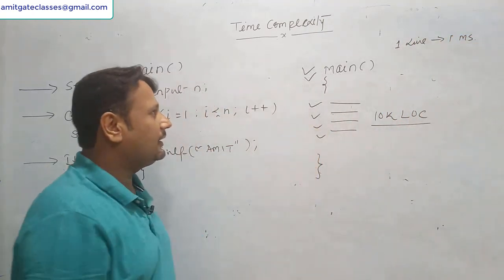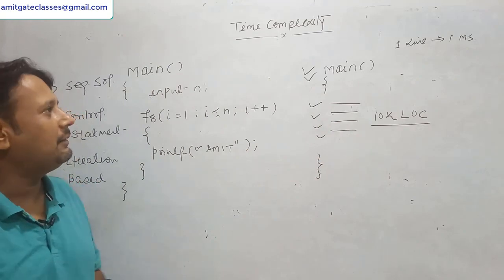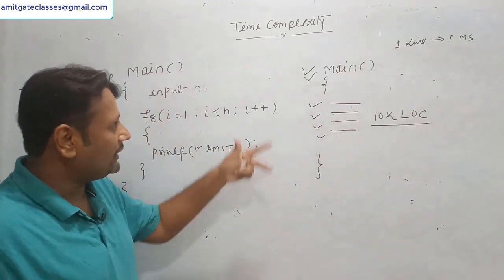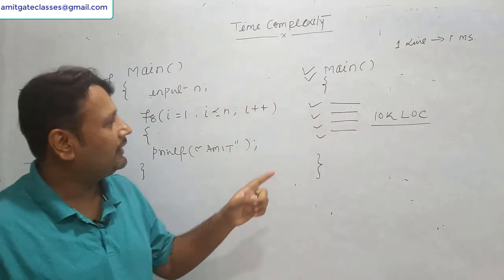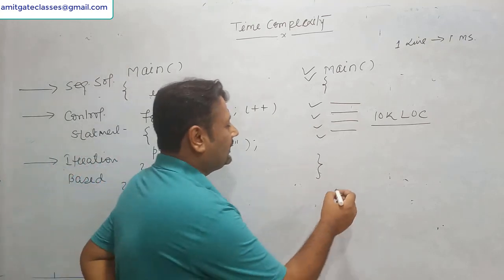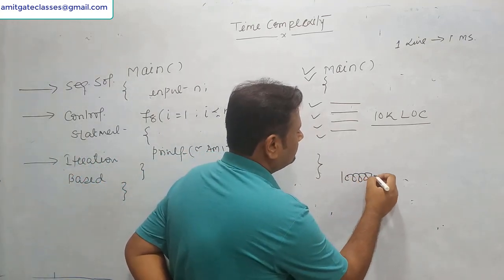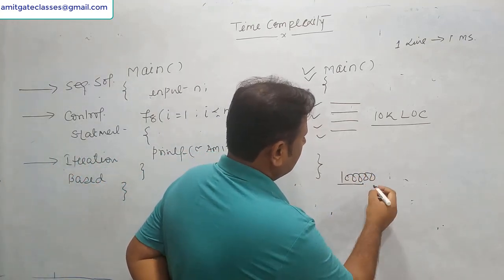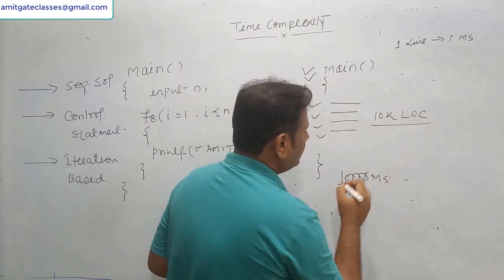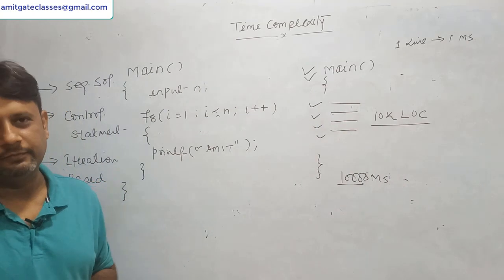If we execute a one line program, our processor is going to take 1 millisecond. So this program with 10,000 lines is going to take 10,000 milliseconds. So this is the time complexity of this problem.